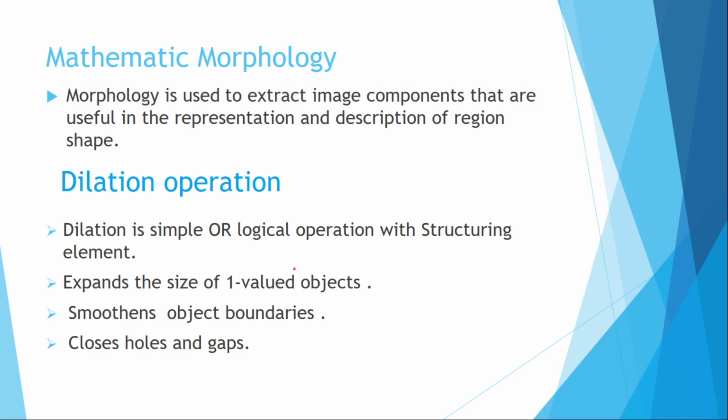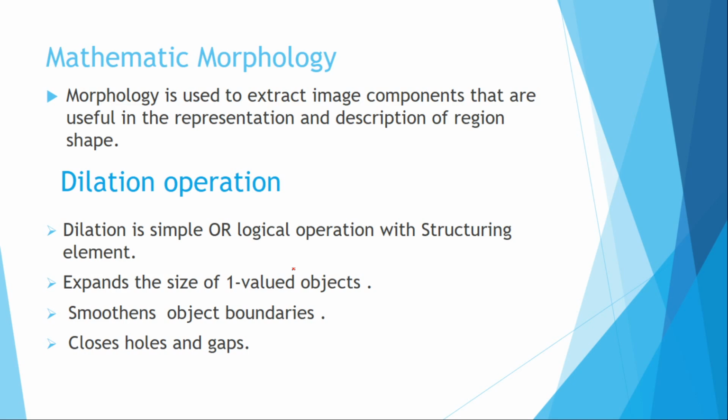If so, the door will be opened; otherwise it will not. So in this case we have to extract only the shapes or structures of the human being, and we do that using morphological processing.